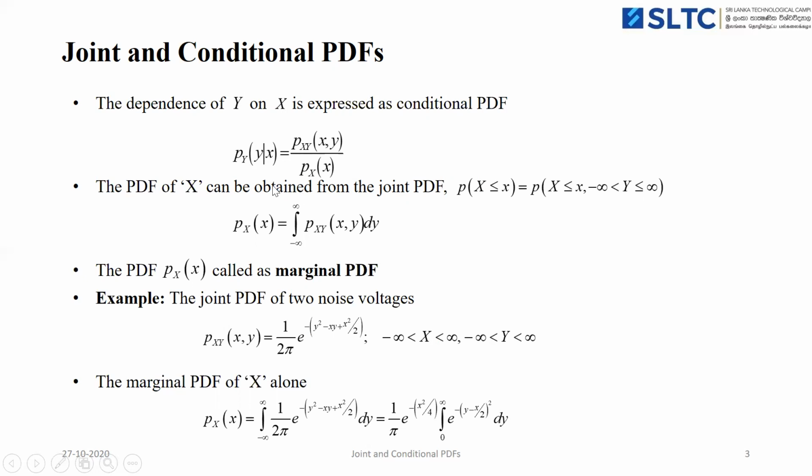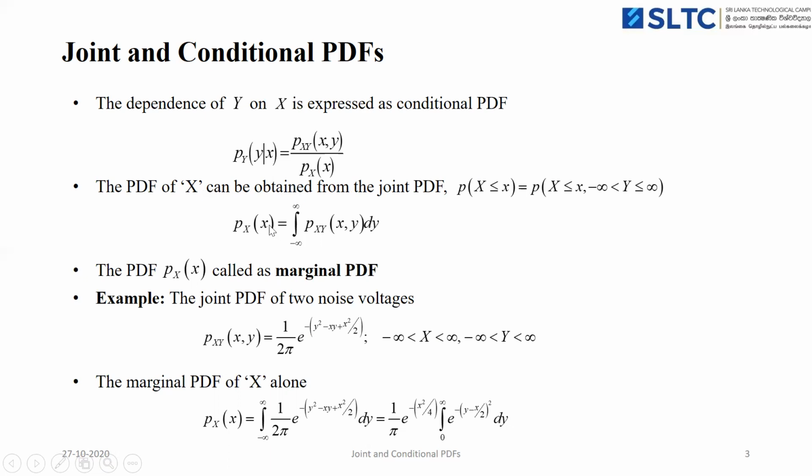Another thing, we can find the PDF for the random variable x from the joint PDF function, provided the other random variable y varies from minus infinity to plus infinity. In that case, we can find the PDF of one random variable, for example random variable x, from the joint PDF function.